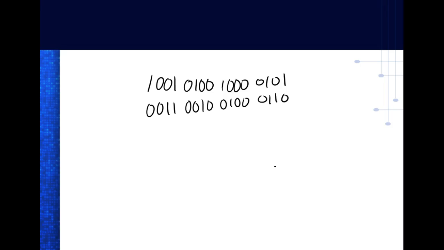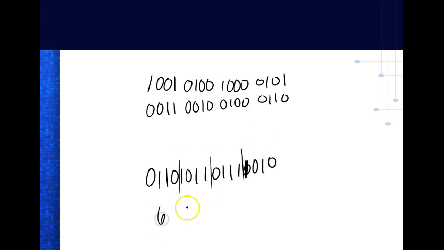All I'm going to do is take this first number and NOT it. So it'd be 0, 1, 1, 0, 1, 0, 1, 1, 0, 1, 1, 1, 1, 0, 0, 0, which would be 6B78.